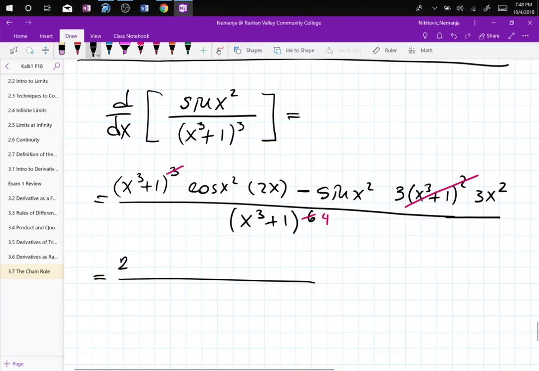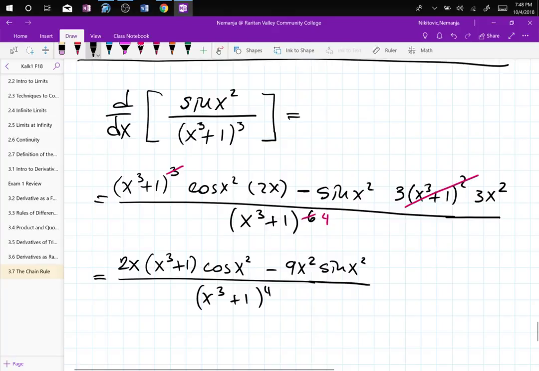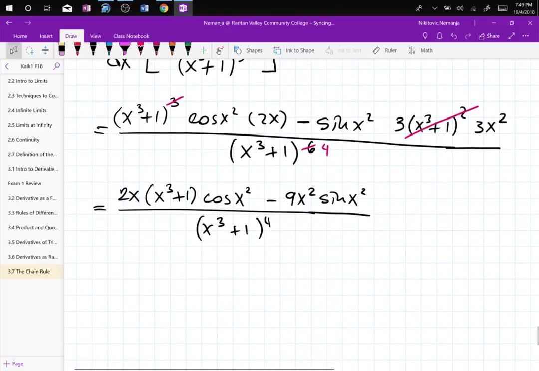We have 2x, x cubed plus 1, cosine x squared minus 9x squared sine x squared divided by x cubed plus 1 to the 4th power. It's not worth factoring because all I can factor is 1x. So that's that. Just leave it there.